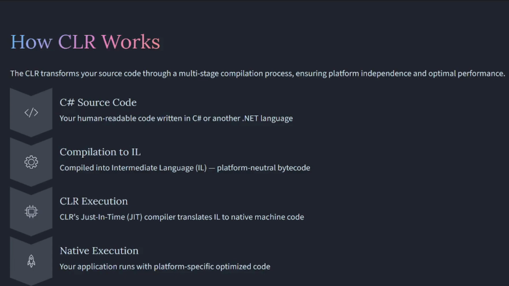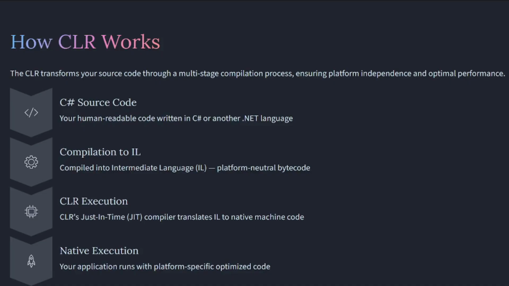Now, this IL code is given to the CLR, Common Language Runtime. Inside CLR, there is something called the JIT compiler, just-in-time compiler. What JIT does is it converts this IL code to machine code, which the computer can finally understand and execute. And once that happens, our application runs and gives the output.